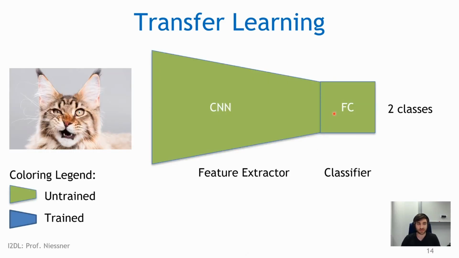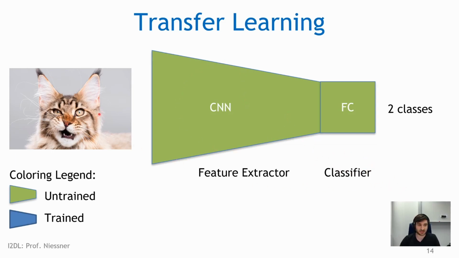The usual way to approach training a new classifier would be that we have some kind of data set and also our network. Because we're working on images, one possible architecture would be a convolutional neural network. The last part of the network is the classifier, which can be implemented as a fully connected network. You can split this entire network into a feature extractor and a classifier.